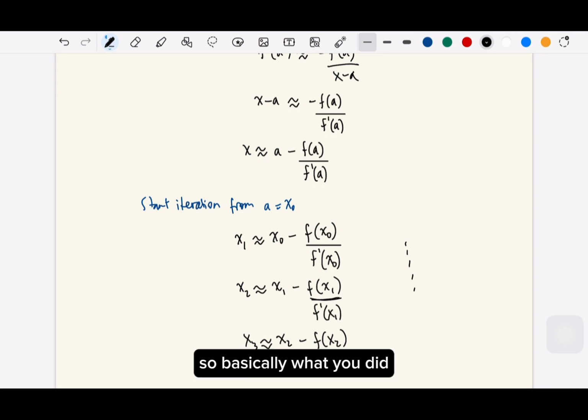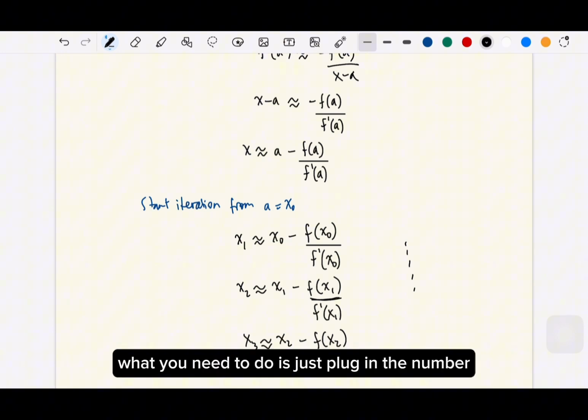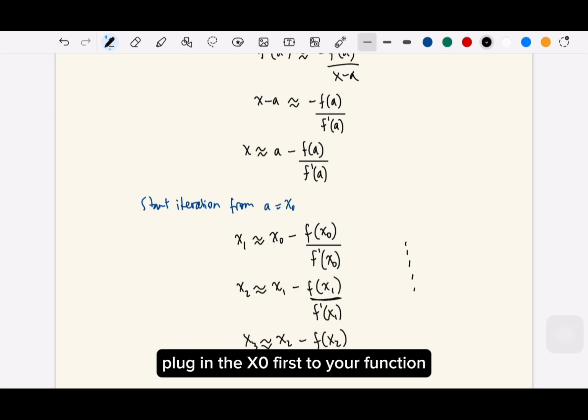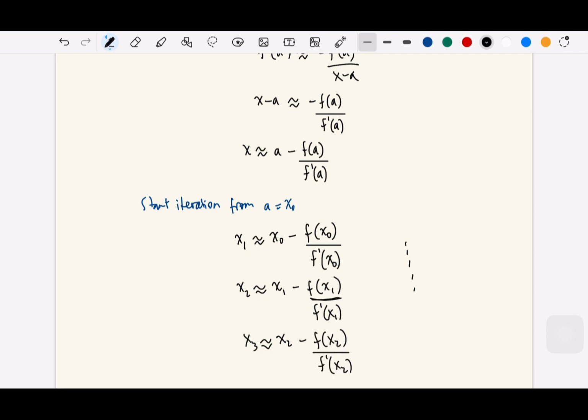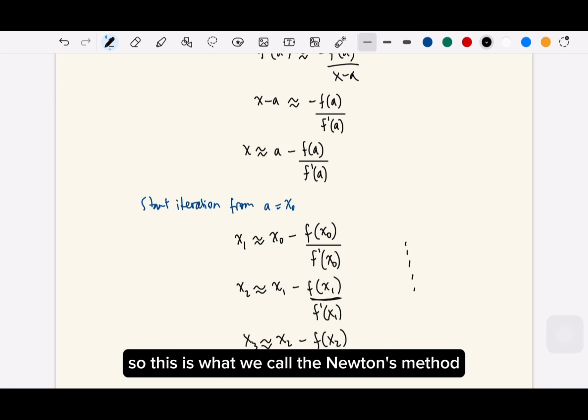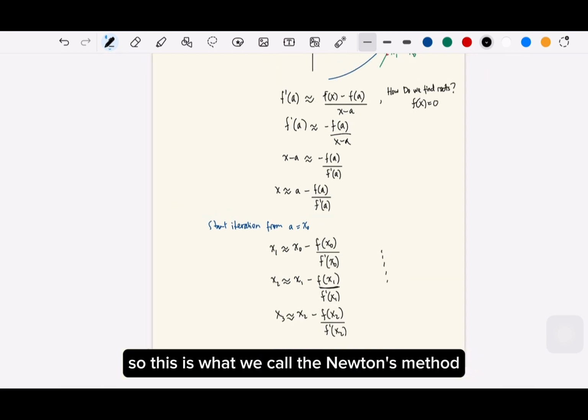Basically, what you need to do is plug in the x0 first to your function over the derivative of that function. So you need to use some time to calculate. This is what we call Newton's method.